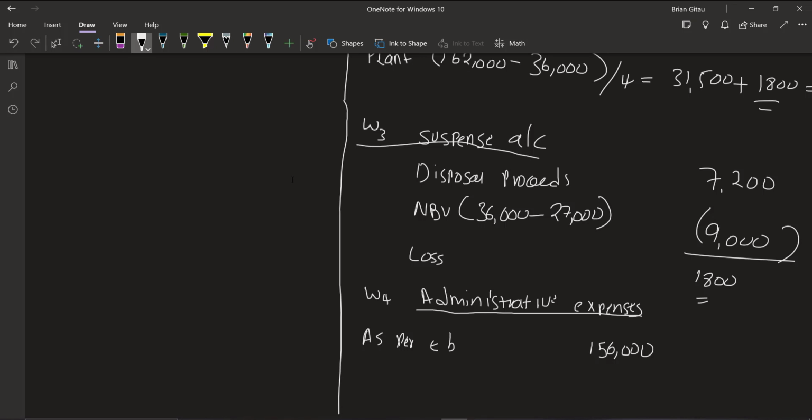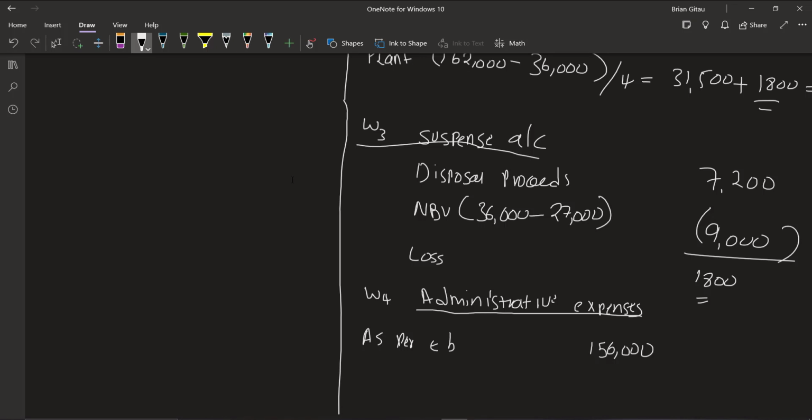We also recall that we had a legal claim from additional information number 5. We are told a legal claim of 60 million was lodged against the company during the year. But we are not going to include the 60 million just yet because we are not told that this amount will be paid.